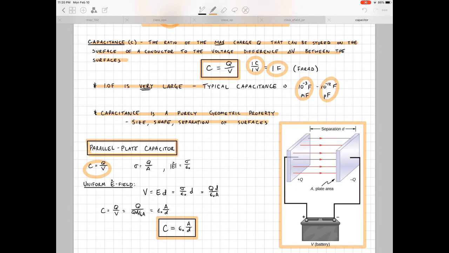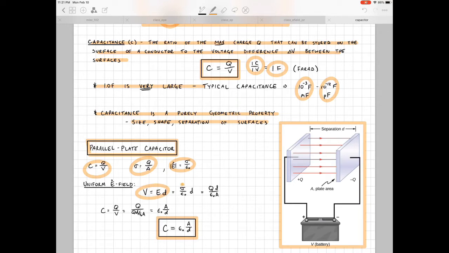Also remember that the electric field between two charged plates is sigma over epsilon naught. That E field is uniform, and remember sigma is the charge density, that's Q over A. Since the E field is uniform between these charged plates, that means the potential between the plates is E times the separation.